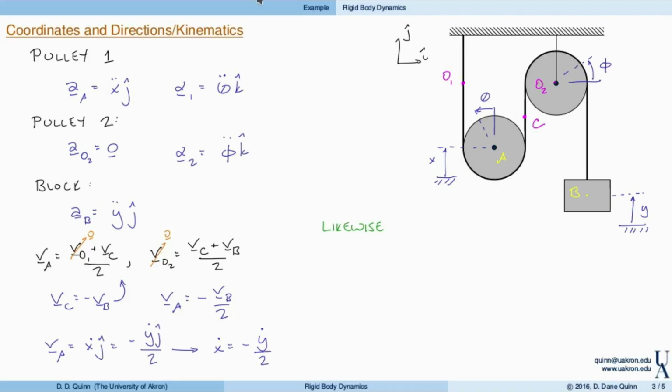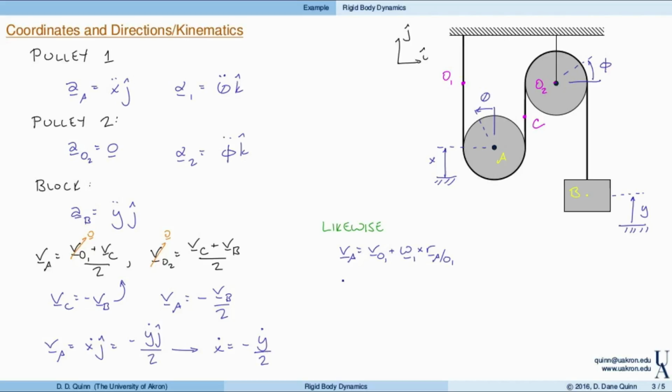So let's look at pulley A. So here we have that the velocity of A is the velocity of O1 plus the angular velocity of pulley 1 cross r_AO1. Because this point O1, and again we're thinking of this point O1 as being here where the cable also comes into the disk, this cable doesn't slip on the disk, so the velocity of this point is 0.